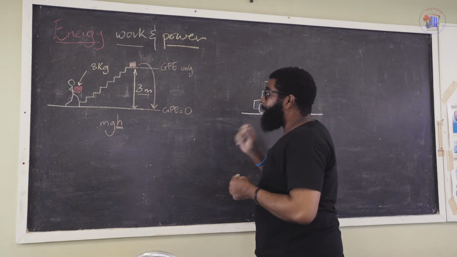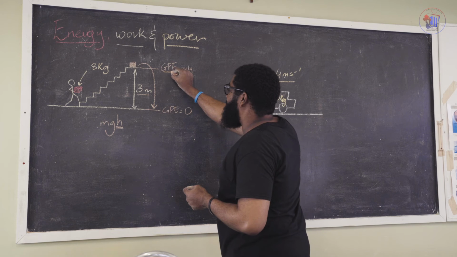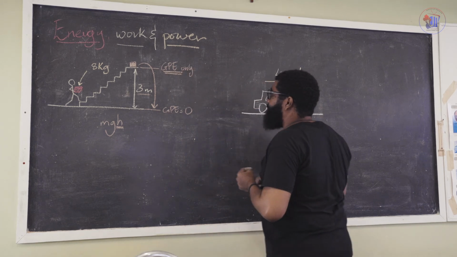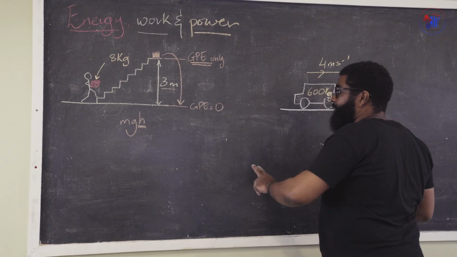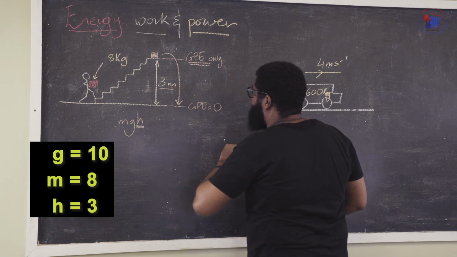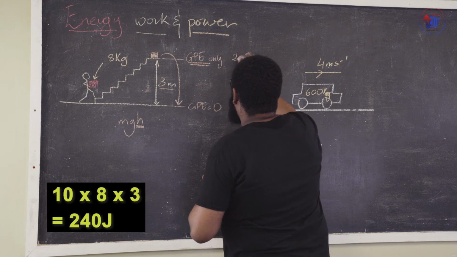Now, important points to note. First of all, the total energy of the system, or the box, cannot be greater than this amount. So, doing our calculations, if we take g as 10, m as 8, and h as 3, we get 240 joules.